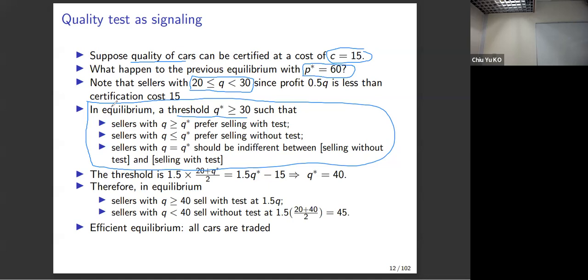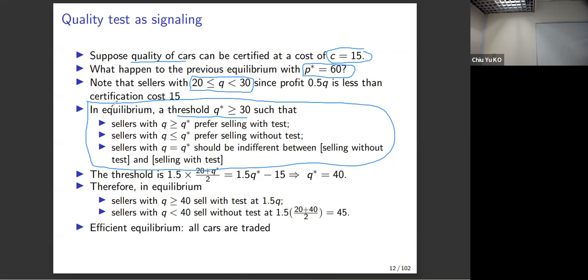So let's calculate cutoff. Okay, the cutoff would be, you're indifferent if you try to sell it without doing certification. Suppose 20 is people want to sell, right? 20 plus Q star over 2 will be the average quality without certification, right?